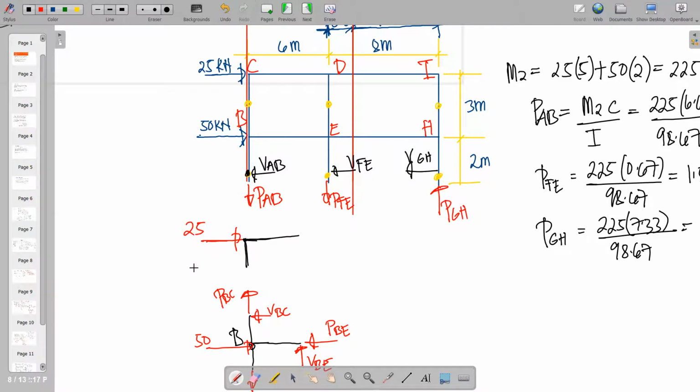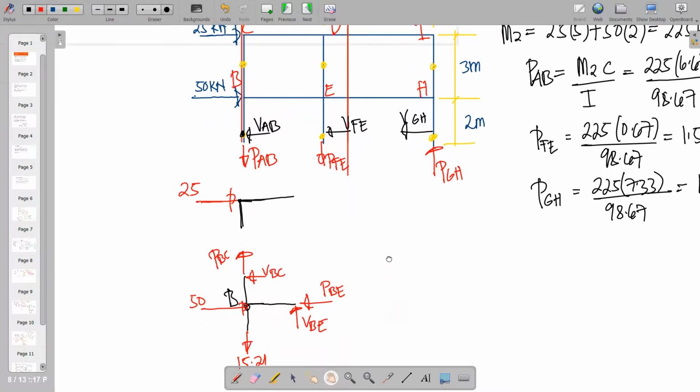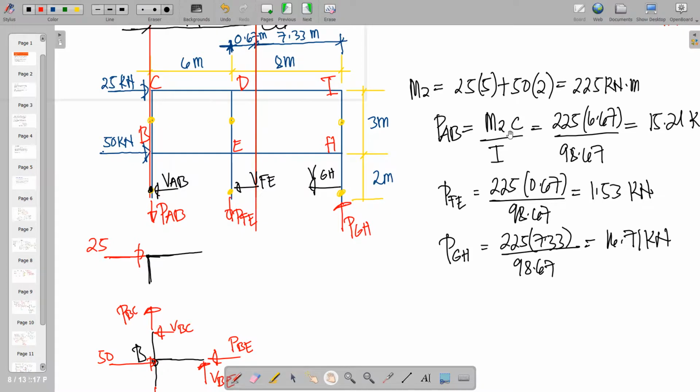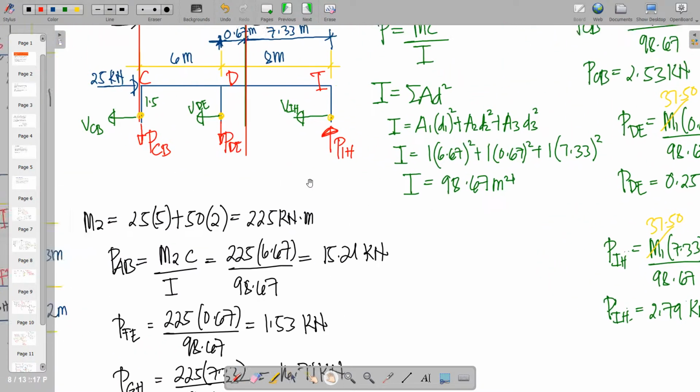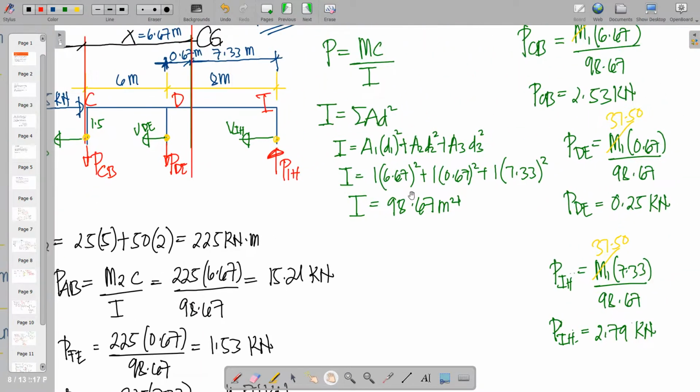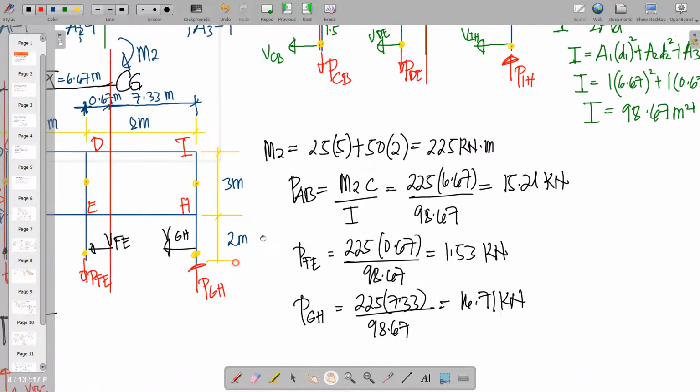So this is 25. I think we have already obtained this. PCB is a downward force and was computed to be 2.53.